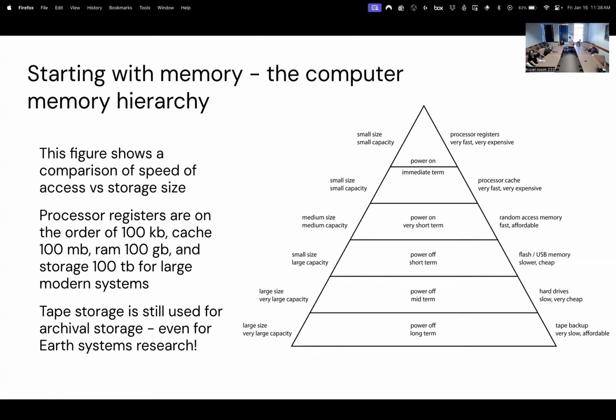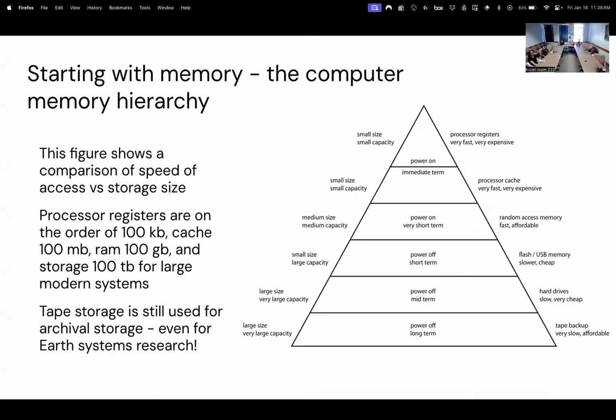And then we have your storage, your hard drive, and that's up to 100 terabytes if you get a really big beefy thing. But most of our laptops are about a terabyte.